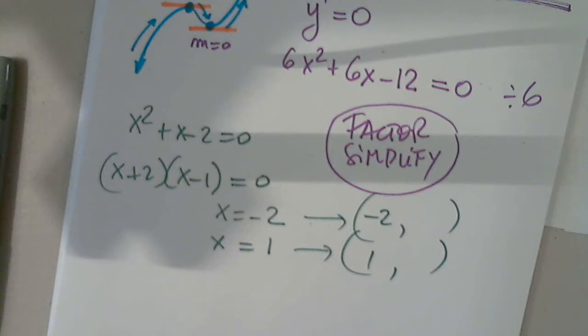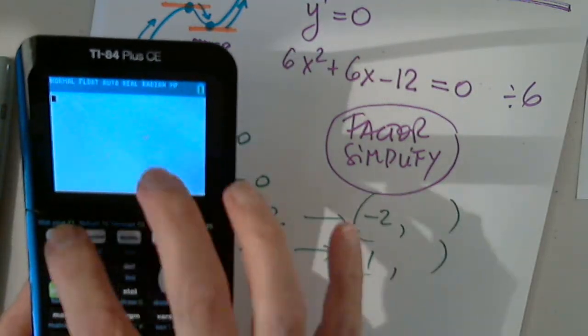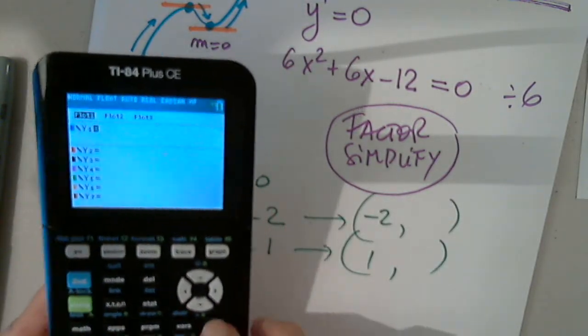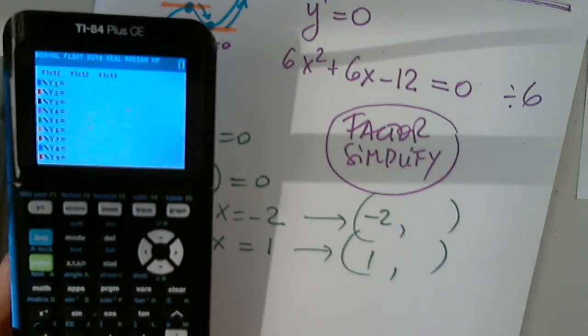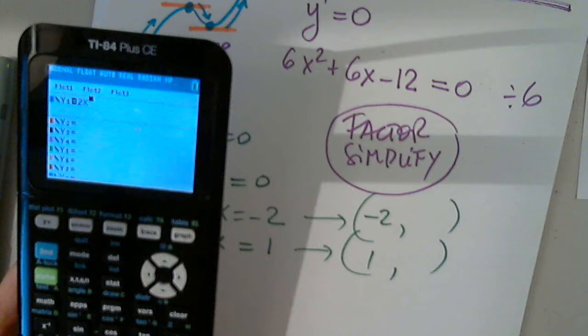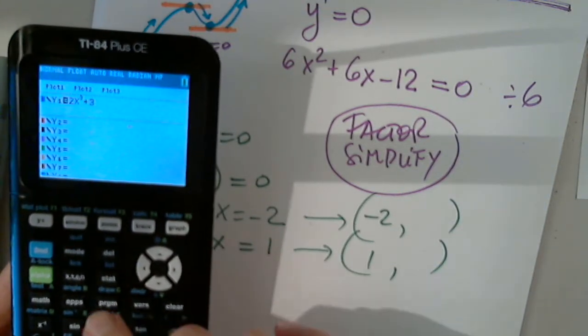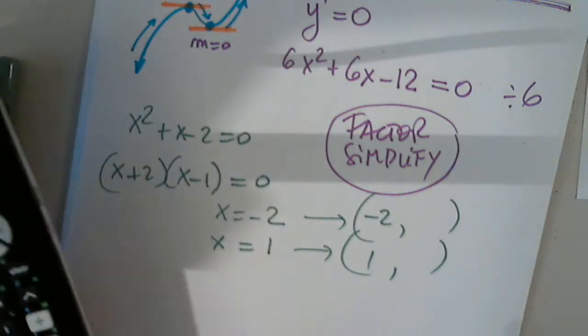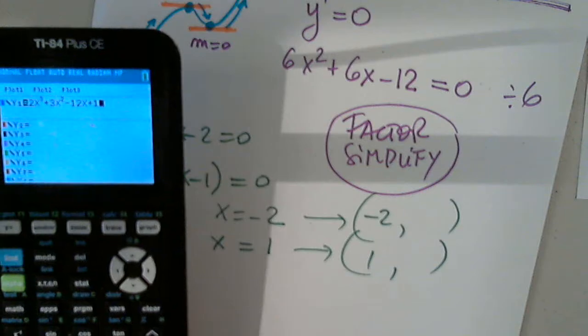Although it's not a big deal, I just want to refresh your memory how to do this with the graphing calculator in y equals. Clear if you have anything else. And let's put in this function: 2x cubed plus 3x squared minus 12x plus 1.